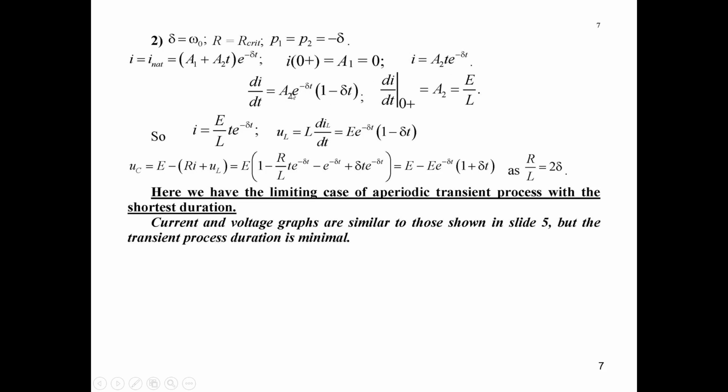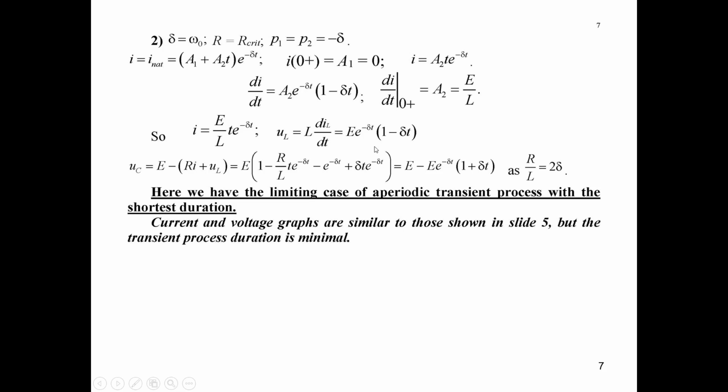So we can write A2, common item, e to the minus delta t is also common. The derivative of t is 1. The derivative of the second function is the exponential function multiplied by the derivative of the argument, minus delta, and it should be multiplied by the first function t.